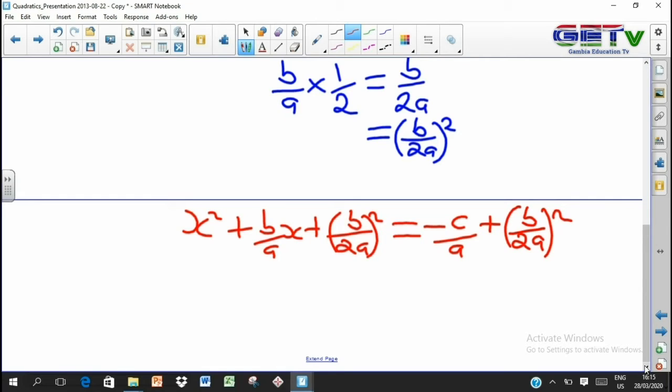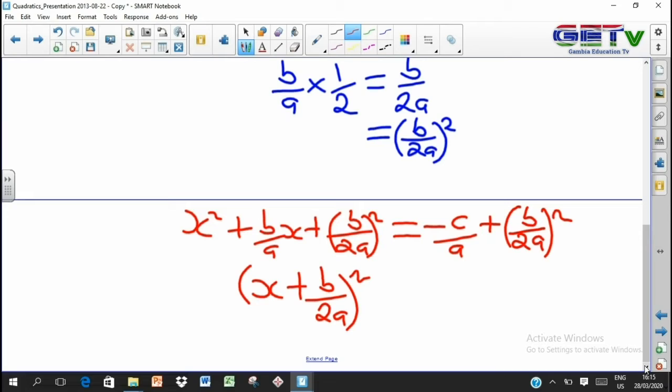Now, since we are able to add that, remember again in the previous lesson you were told that once you get this, you can easily factorize. Remember, you were taught how to factorize. So, to factorize what is on the left-hand side, if you factorize completely, you are going to have x plus b over 2a all squared.